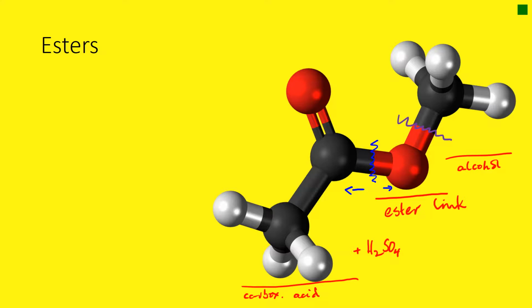Right, so we've got two carbons on the left hand side here, and if the oxygen in the ester link had a hydrogen on it, it would be ethanoic acid. But it's lost its hydrogen, so we can name this part of the molecule ethanoate. And this part of the molecule that was a bit of the alcohol molecule is going to be methyl.